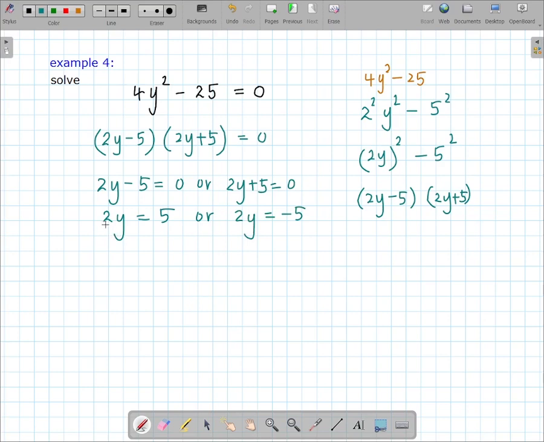Then divide both sides by 2. 2 gets cancelled. Y equals 5 over 2 or, 2 gets cancelled, y equals minus 5 over 2 is the answer.